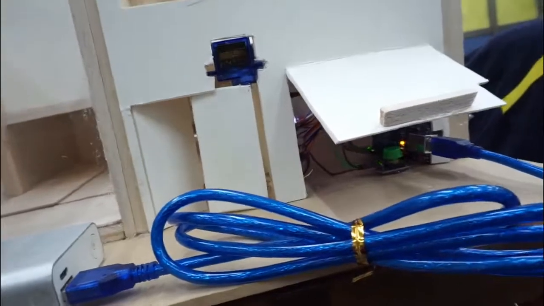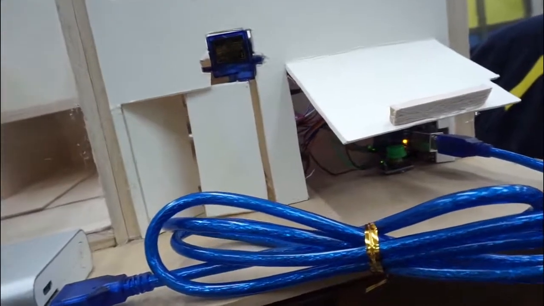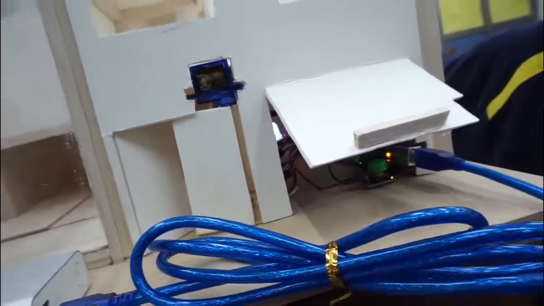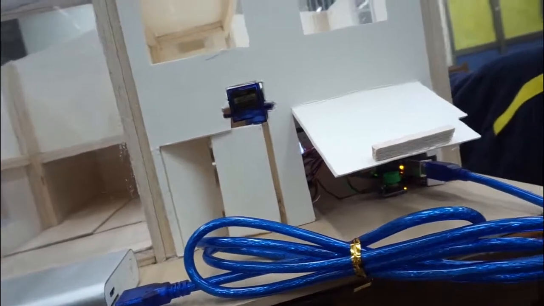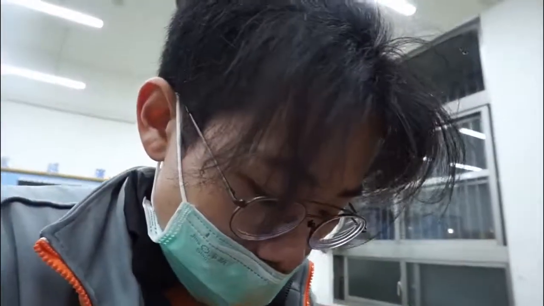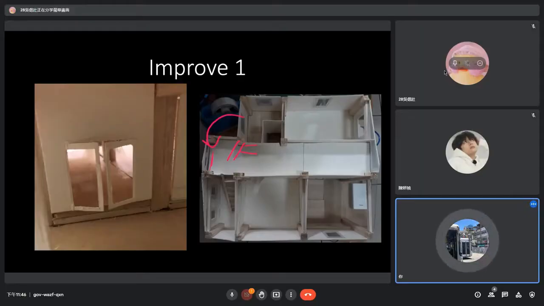In total, we spent about $120 on the model. Next is our improvement. Back to our PowerPoint. Okay, back to our presentation.